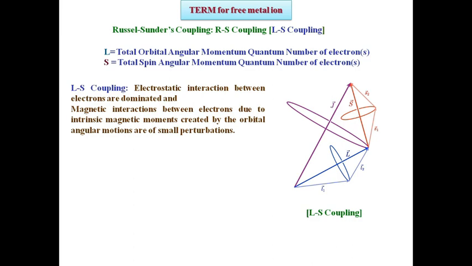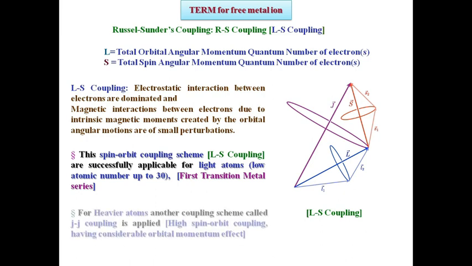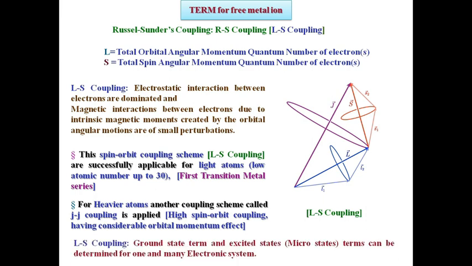Interestingly, this scheme, called the LS coupling scheme, is successfully applicable for lighter atoms having atomic number up to 30, that is the first transition metal series. But for heavier atoms, another coupling scheme called JJ coupling is applied, since their atomic weight is higher, so there occurs very high spin orbit coupling.